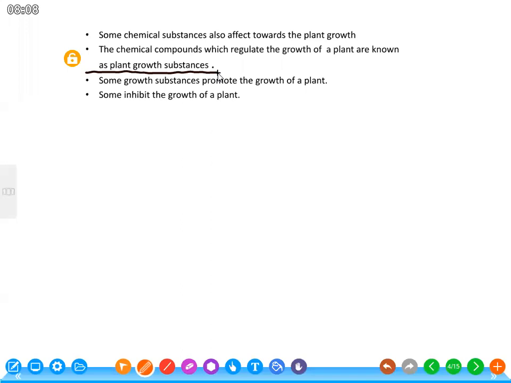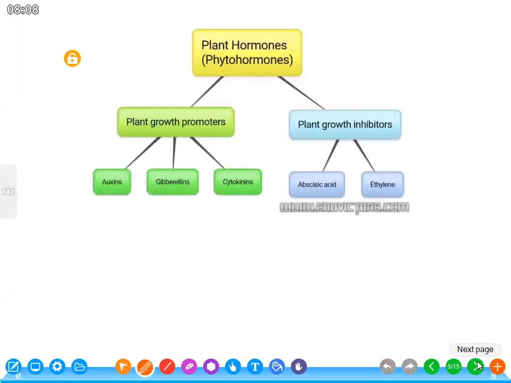Some growth substances inhibit the growth of a plant. Let us see some plant growth promoters and plant growth inhibitors.